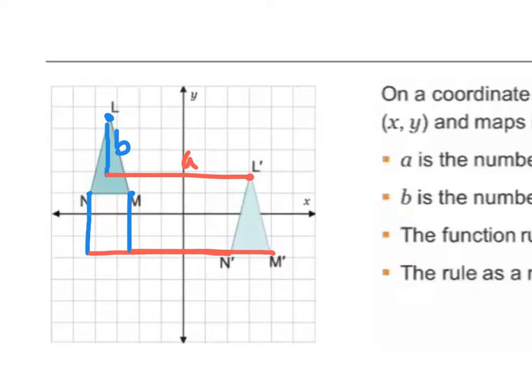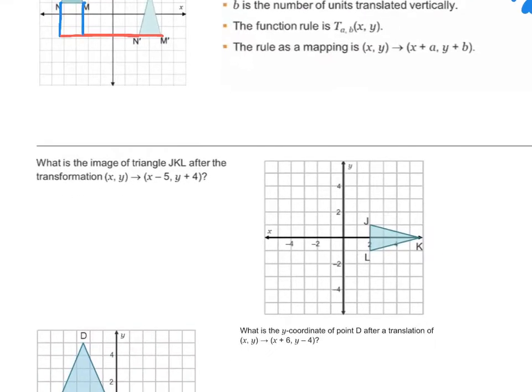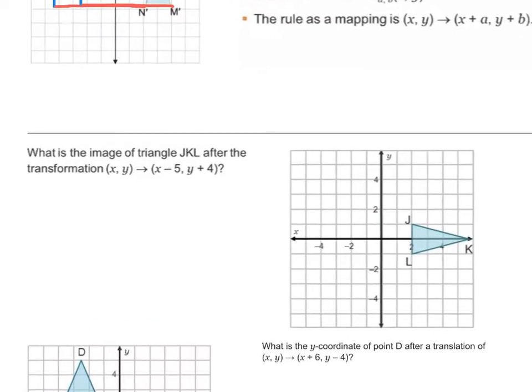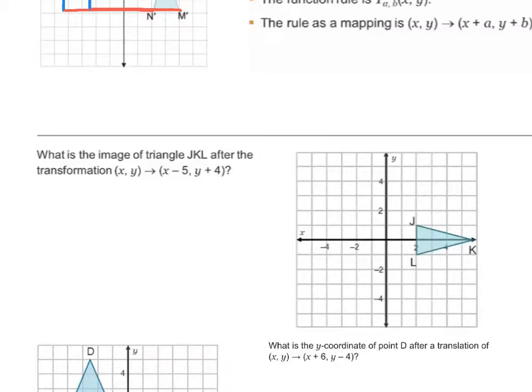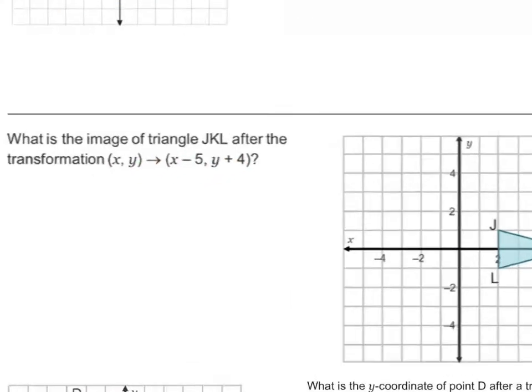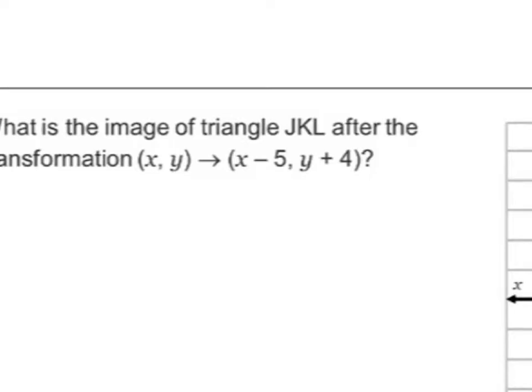All right, so let's look at an example of what this would look like. It says, what is the image of triangle JKL after the transformation xy maps to x minus 5, y plus 4? What this means, when I see this, is that x minus 5 means I'm going to move 5 units to the left, because we have a negative 5.